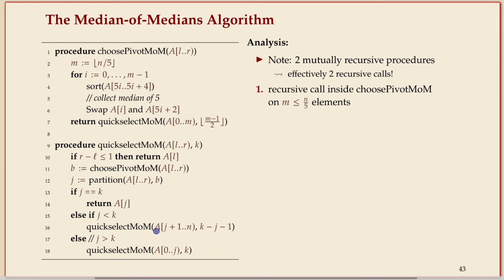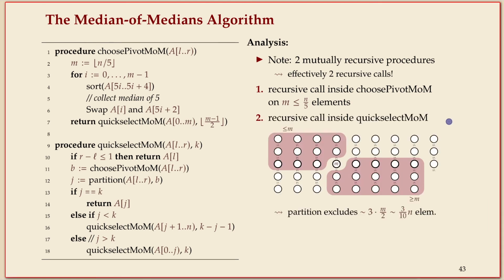OK? So the first recursive call has at most n over 5 elements. That's just by choice. So that's the easy one to analyze. For the second recursive call, we'll have to work a little harder to see on how many elements it can, in the worst case, work.